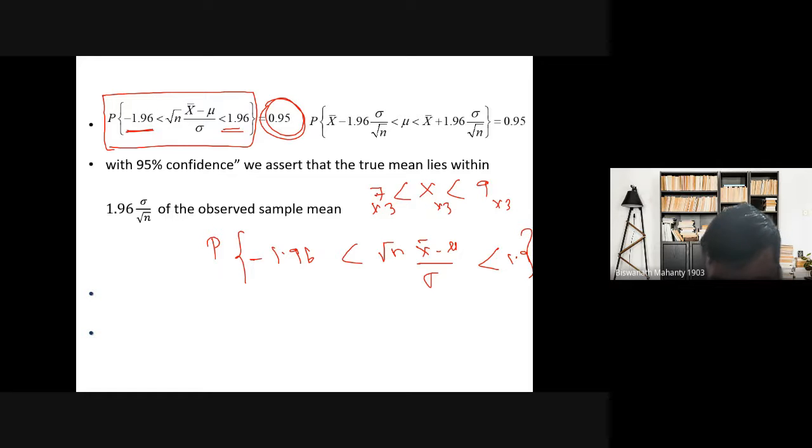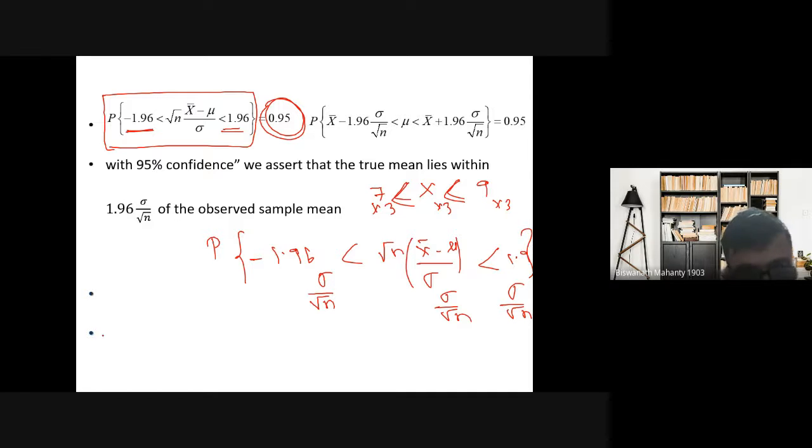No. If 7 is less than x and x is less than 9, and I multiply everyone with 3, this less-than symbol will remain unchanged. 21 will definitely be less than 3x less than 27, right? So same thing, I will multiply the whole thing by sigma by root n.